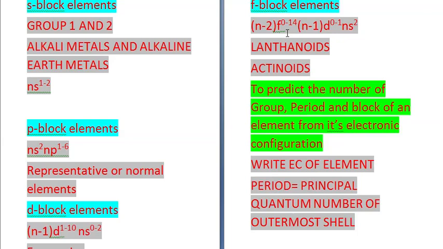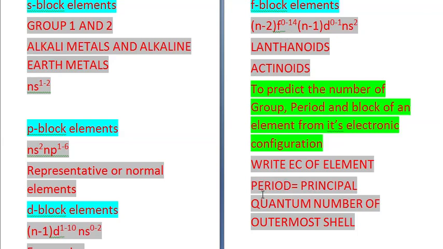Now sometimes in the exam it is asked to predict the group, period and block of an element from its electronic configuration. What you have to do is, first step, write the electronic configuration of the element. Then from the electronic configuration, you see the outermost shell.